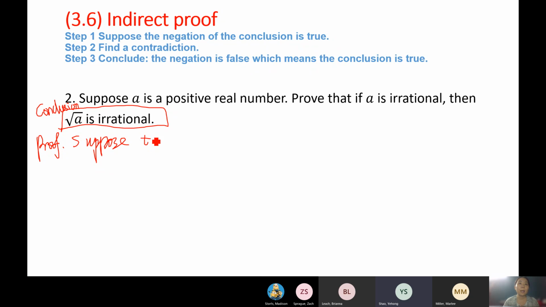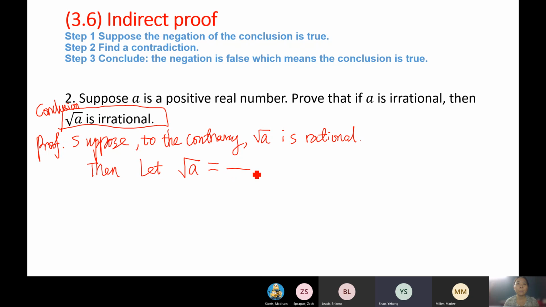So suppose to the contrary, well, sometimes if you don't want to write "to the contrary," that's fine. Square root of a is rational. And rational means fraction, which means then we can let square root of a be... By the way, one student, I forgot who, used a over b. That's what we usually pick, a over b, right? But I already have a here.